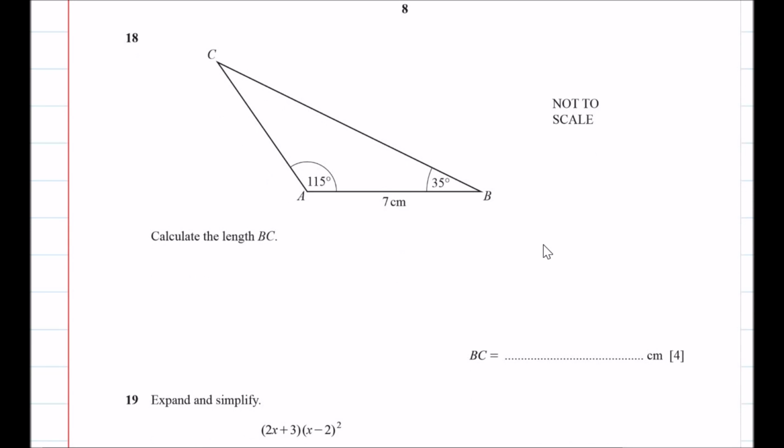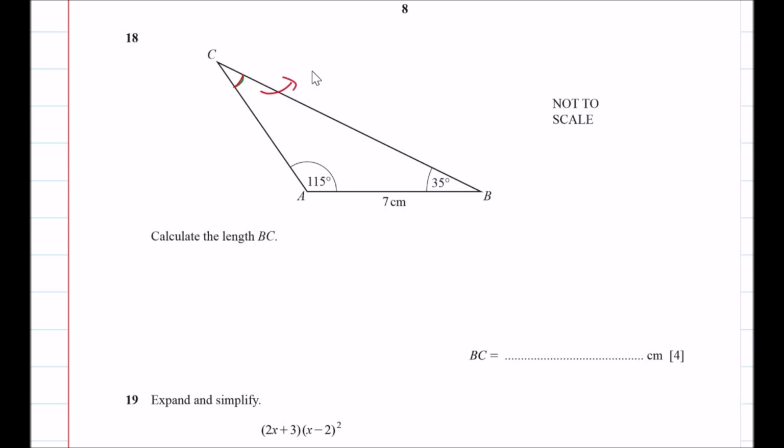Now question number 18. Here we have to use the sine rule, but we need a pair. Given side is 7 centimeter, opposite angle not given, but two angles are given here. The third angle we can easily find.